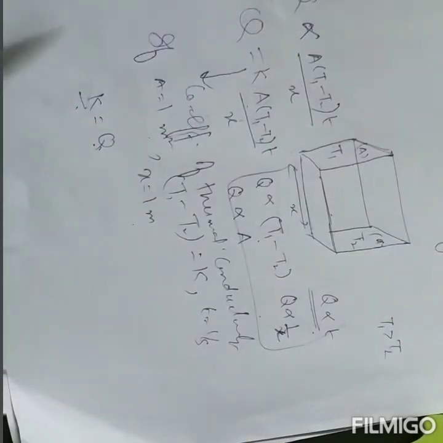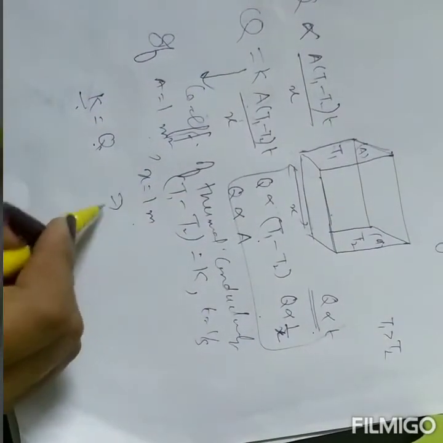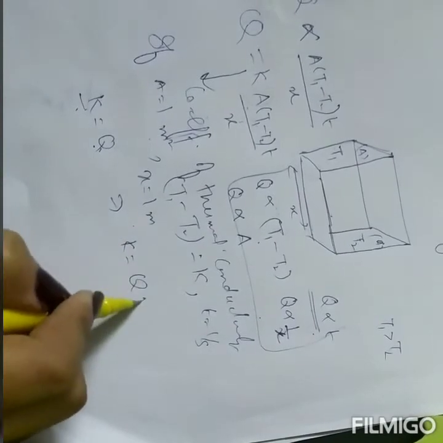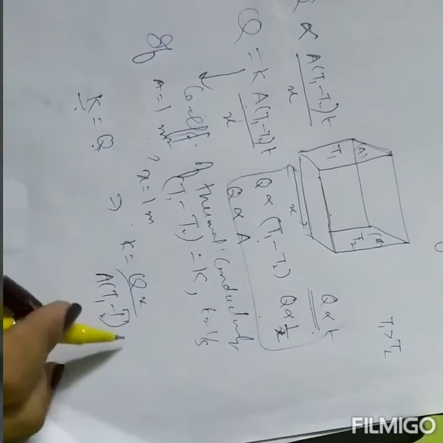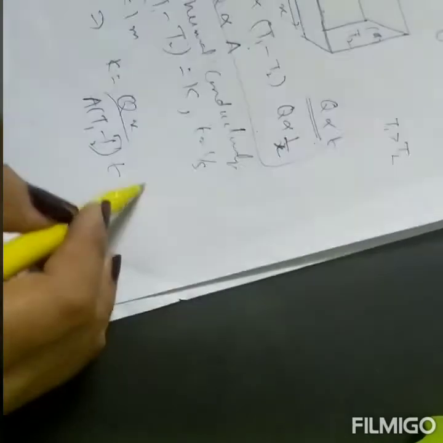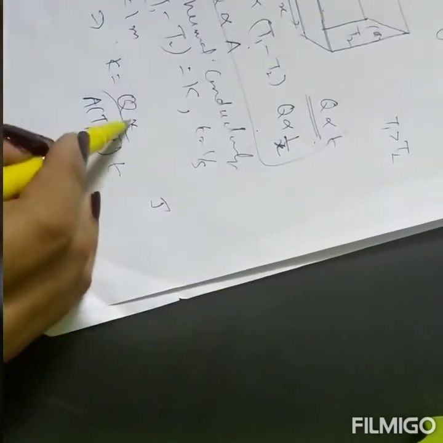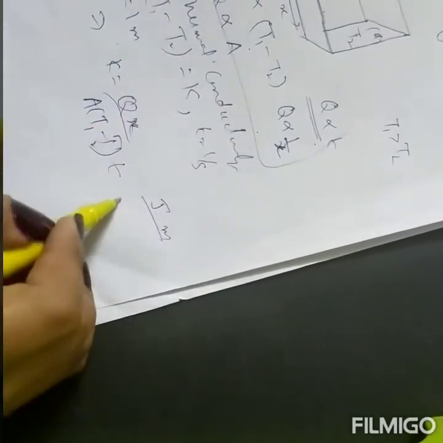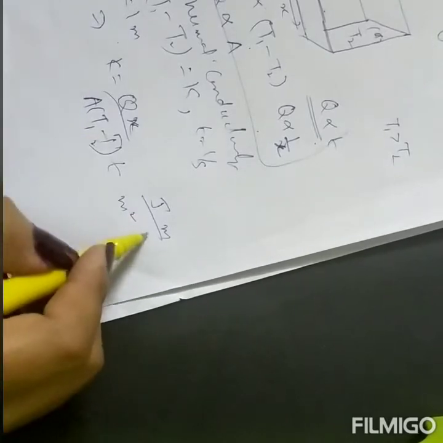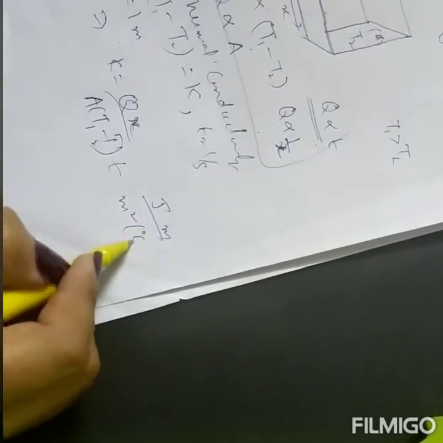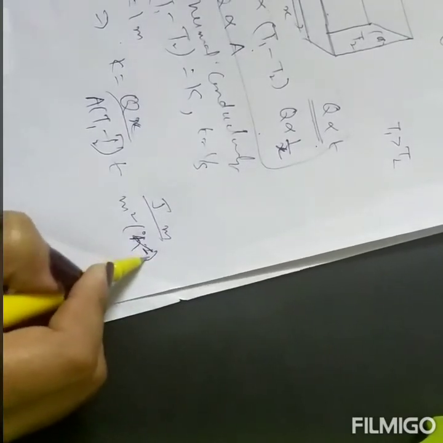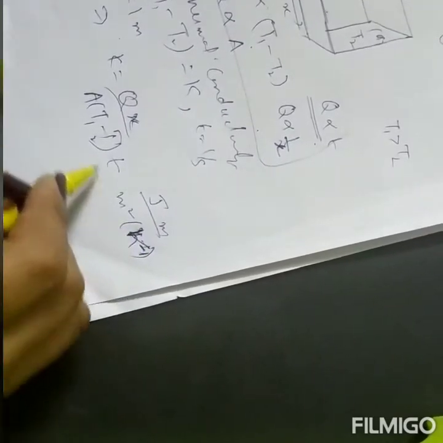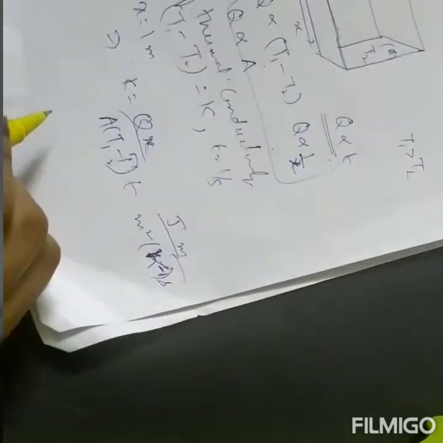From here we can write the units of K, that K is equal to Qx over A into T1 minus T2 into t. So you can define the units from here: K units are joule, this is meter, over meter square, T1 minus T2, that is temperature, degree Celsius or Kelvin you can write, and for time it is seconds.